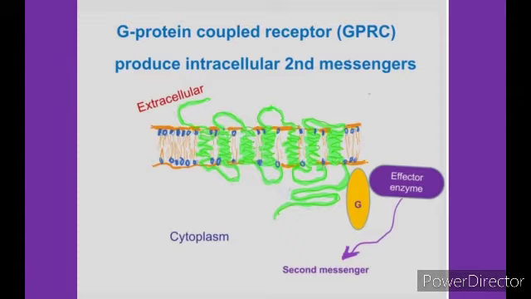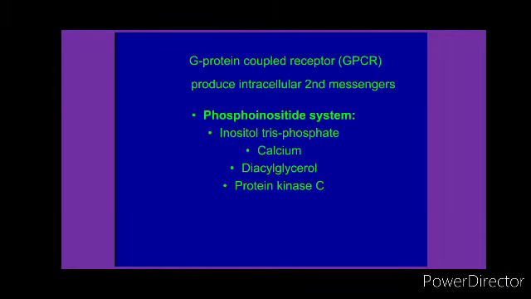Now, before I go into this new G protein coupled receptor, the general name of the system is the phosphoinositide system. It produces actually 3 second messengers, but we'll get to that in a minute.